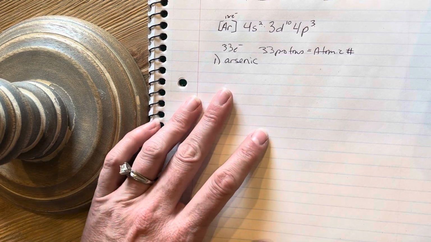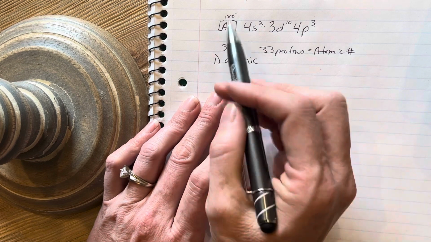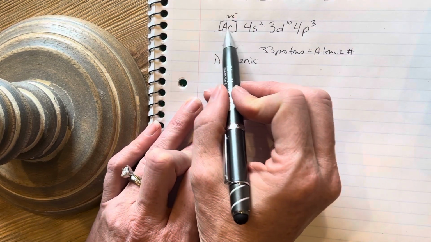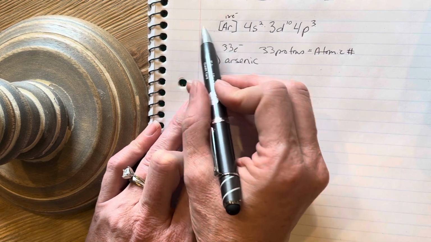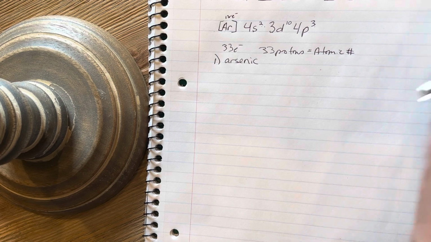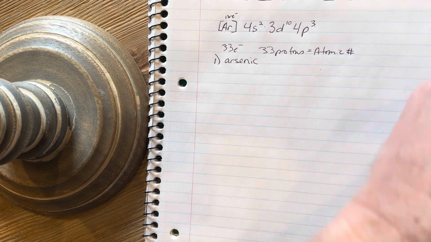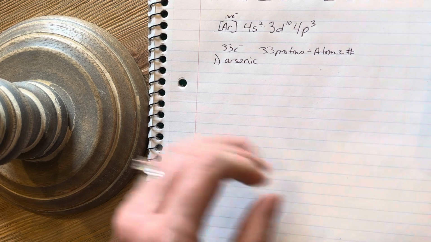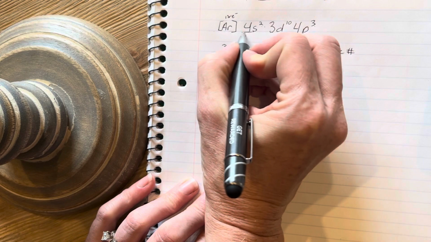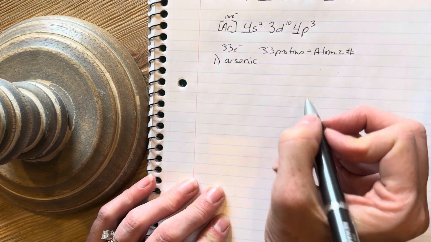So if I look at this right here, I know that arsenic, everything is going to be in energy level 3, I think. Let me look here. Because arsenic is in the 3rd energy level, right? So looking here then, I'm in the 4s, right? I'm in the 4s here.